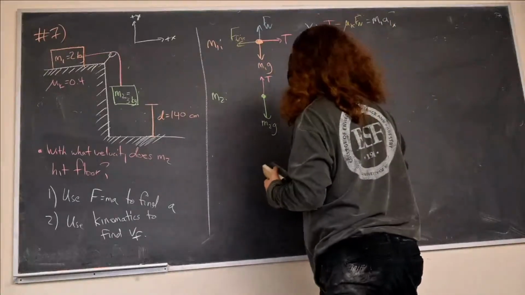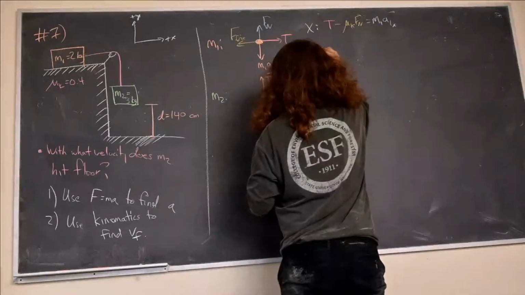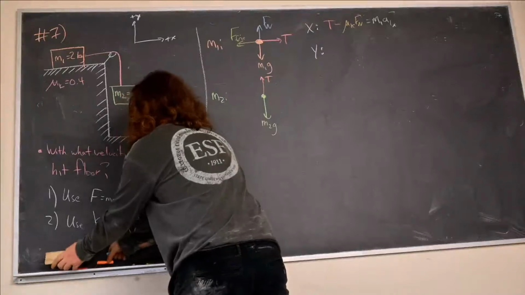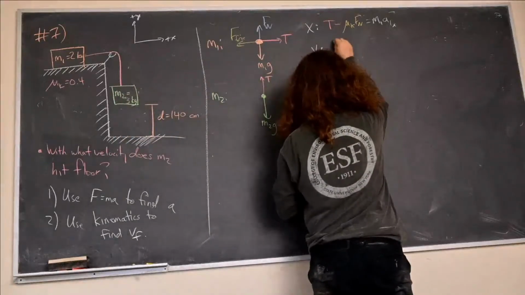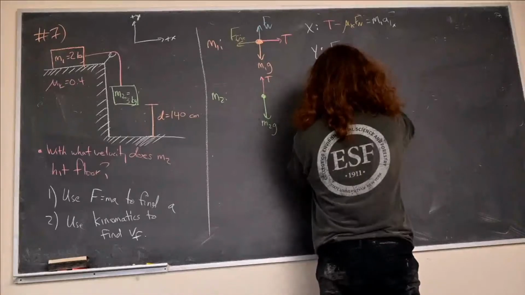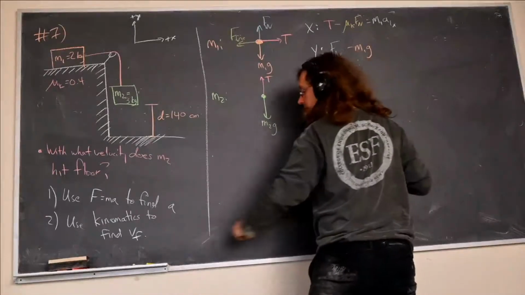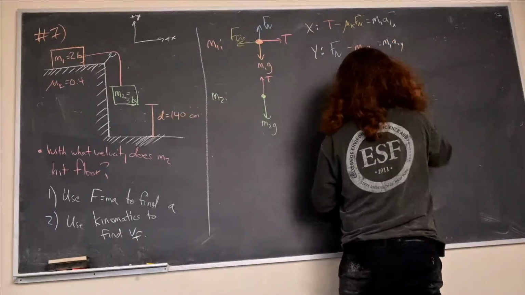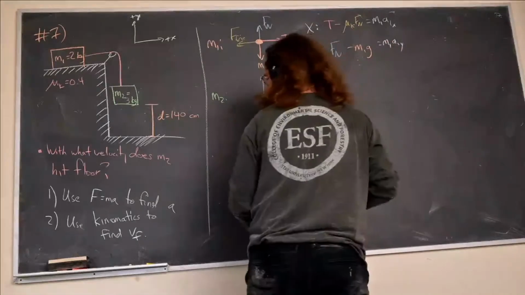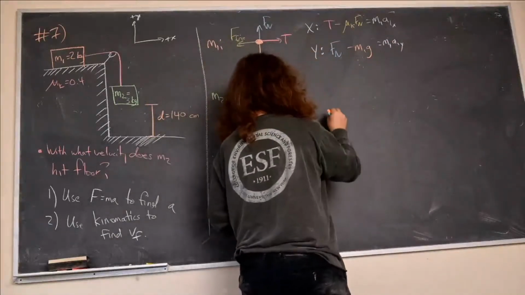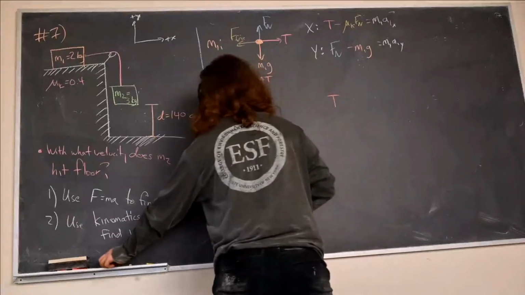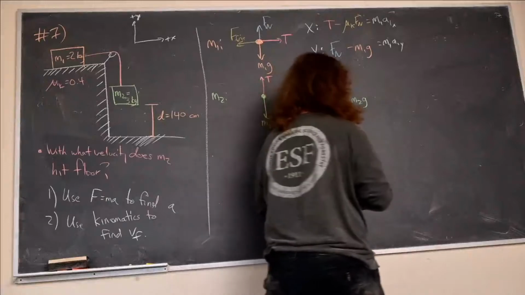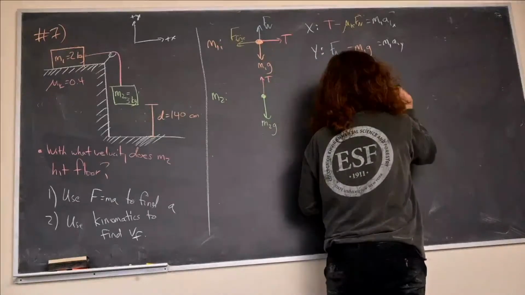And then in the y direction, I've got the normal force minus m1g equals m1a1y. And for the hanging thing, I have T minus m2g equals m2a2y.